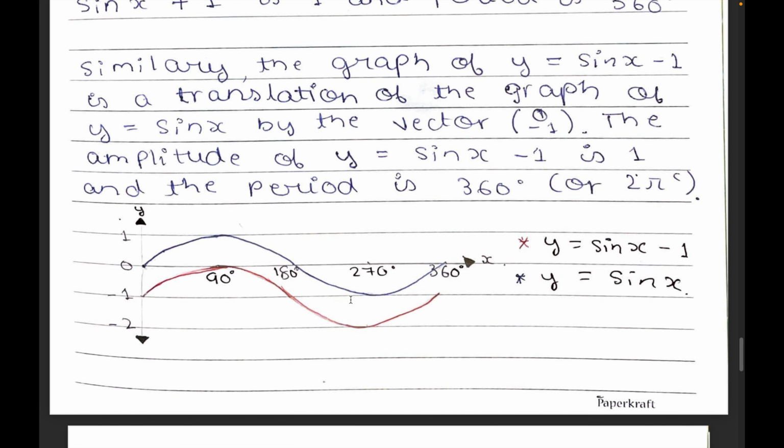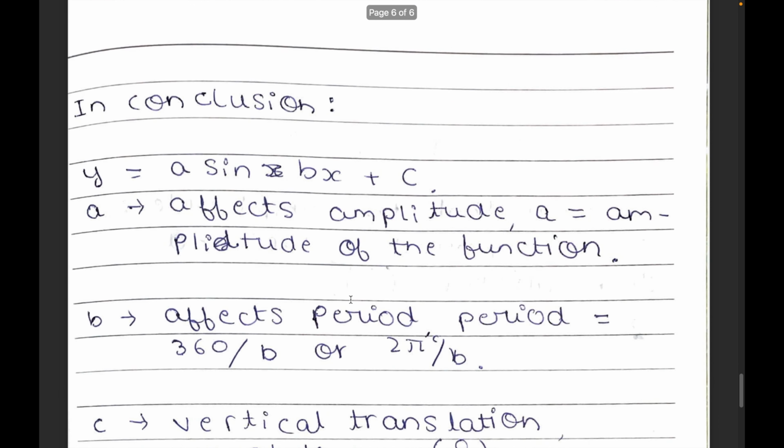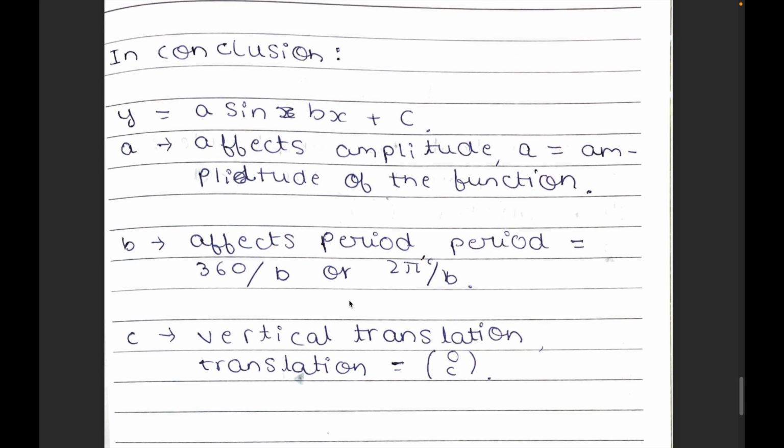But the maximum and minimum points would change. So this is the conclusion: if we have a sine bx plus c, then the amplitude would be a, the period would be 360 by b, and it will have a vertical translation of (0, c).